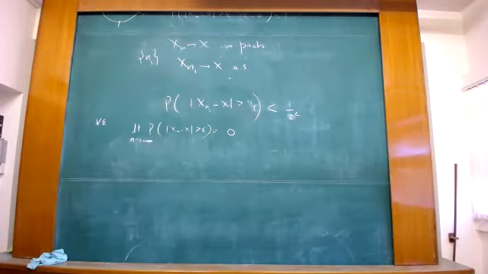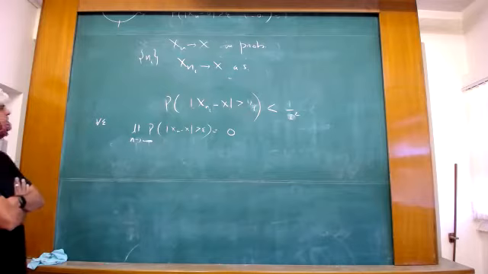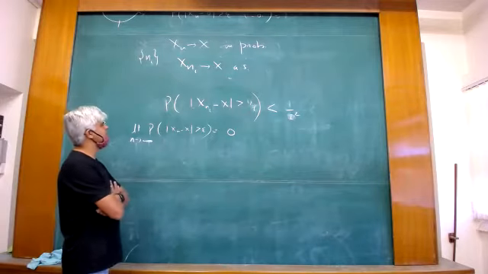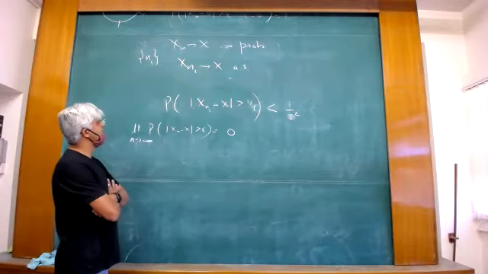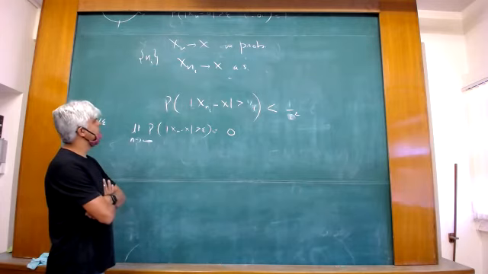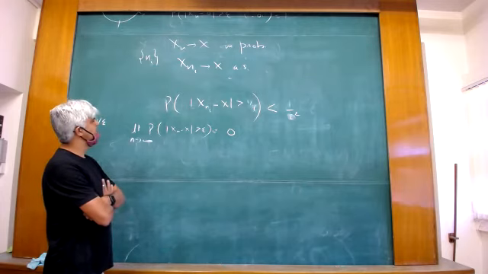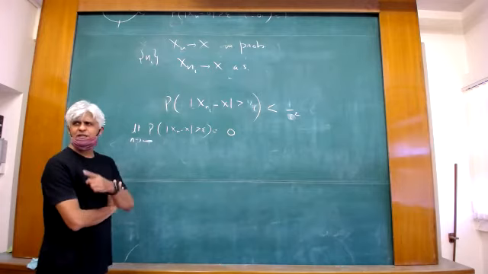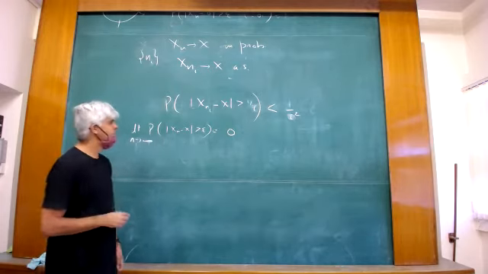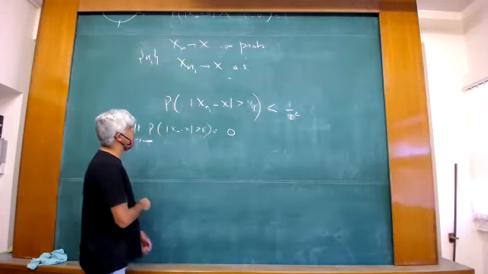Then by union bound, the probability that at least one of these is false is less than 1, and the probability that it does not converge is less than 1, and by the 0-1 law it has to be exactly 1. Let me just tell you what we want to show: this X_{n_i} will go to X almost surely.